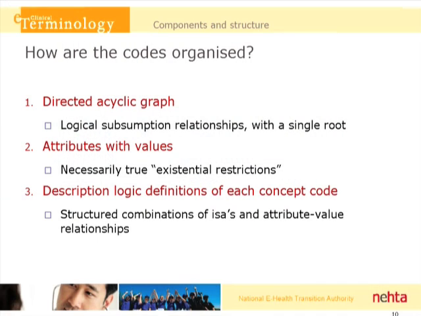And then the various nodes are linked to each other by defining relationships that we call attributes, and those attributes have values. In description logic language, we call these existential restrictions, but it basically is an attribute value pair that defines the connection between two concepts or two codes.